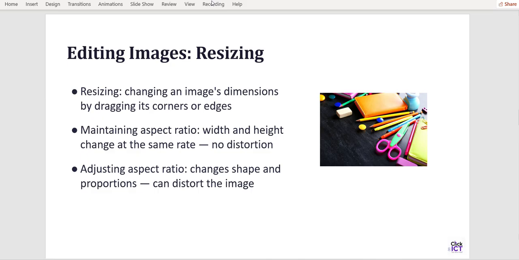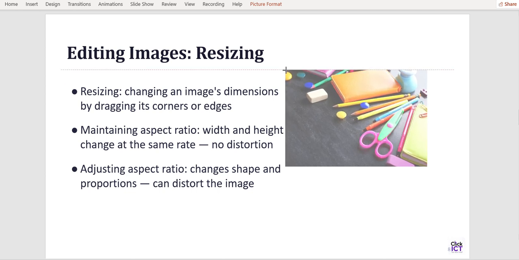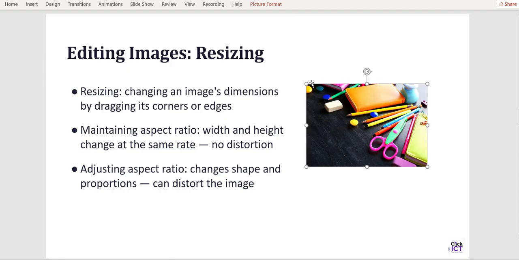Now we will be discussing the editing of images. The first form of editing is resizing the picture or image. Resizing means changing the dimensions by dragging its corners or edges. You can see that these are the edges. If I am dragging the image from the diagonal handles, these are the diagonal handles, I am not changing the aspect ratio.